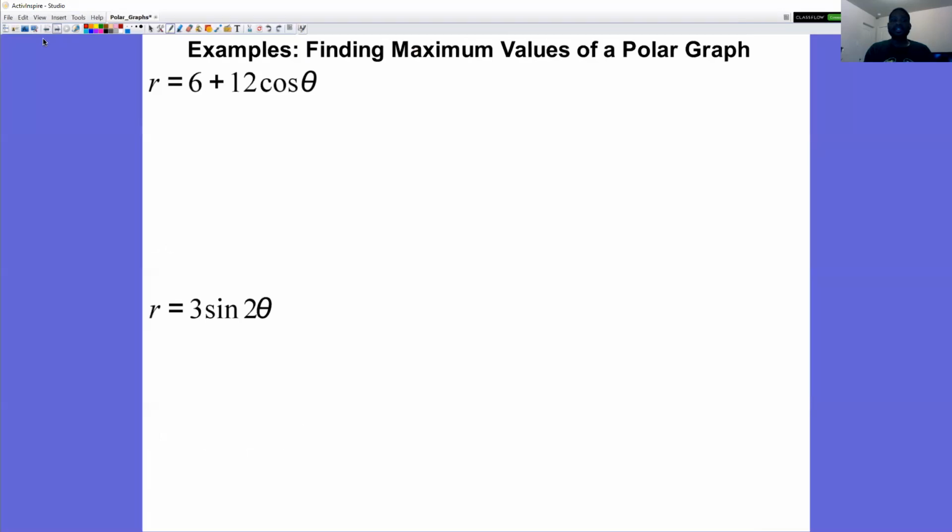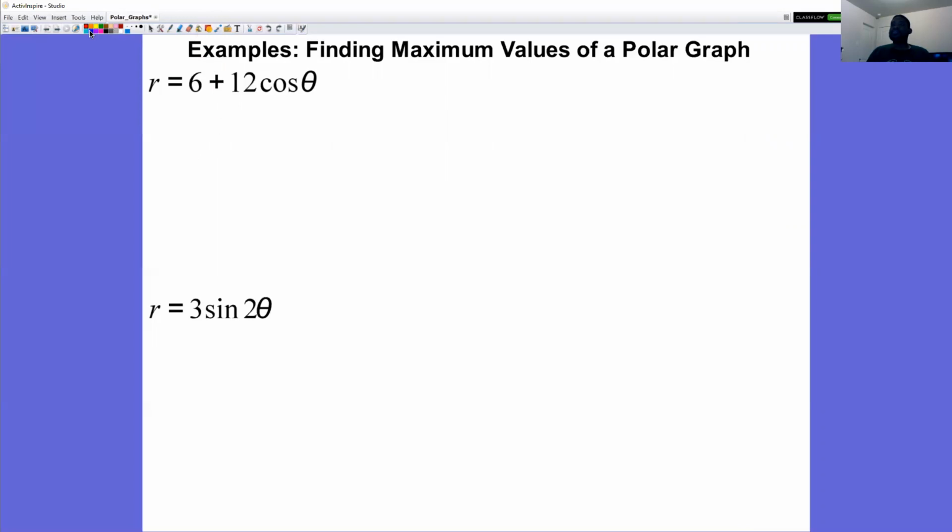So next thing we're going to do is talk about how to find max and min values of a polar graph. We're going to start with our first example, r equals 6 plus 12 cosine theta. Recall from unit circle trig and properties of trig graphs that the maximum and minimum values for sine and cosine by themselves are 1 and -1 respectively. We're going to use that information to determine the maximum value of each of these graphs.